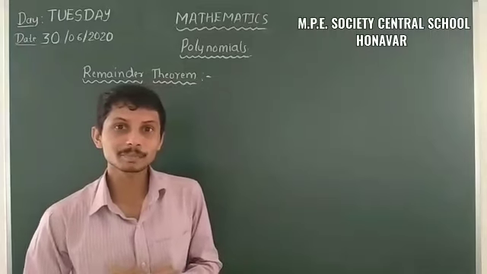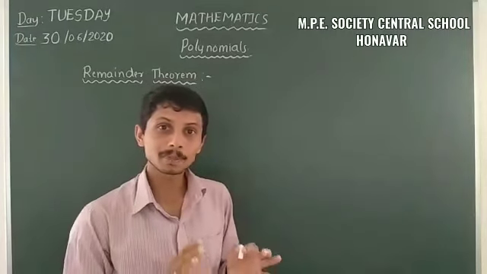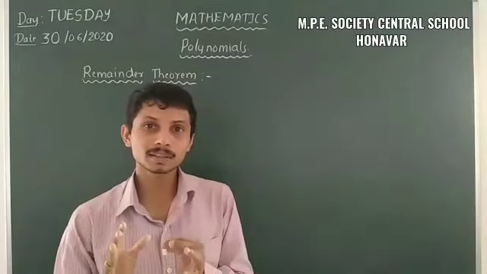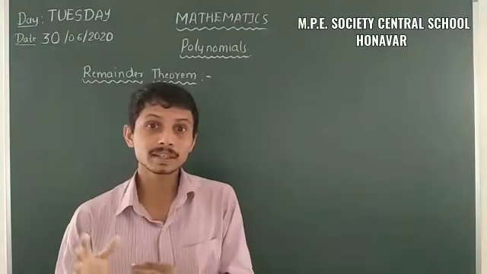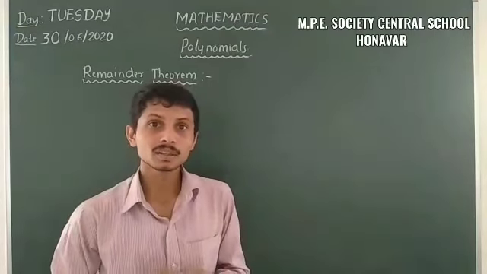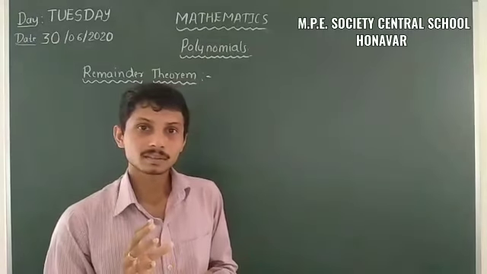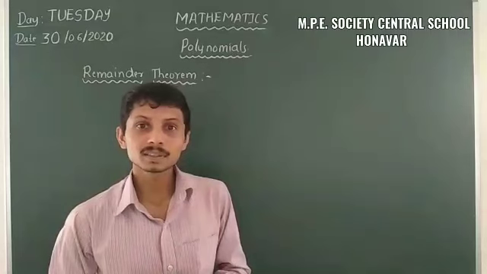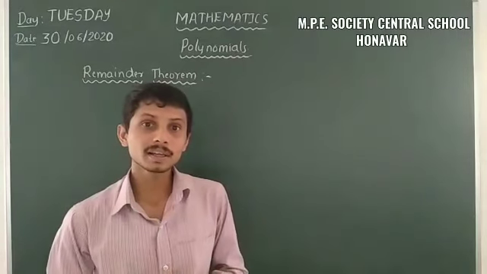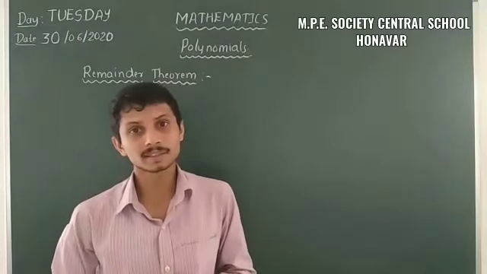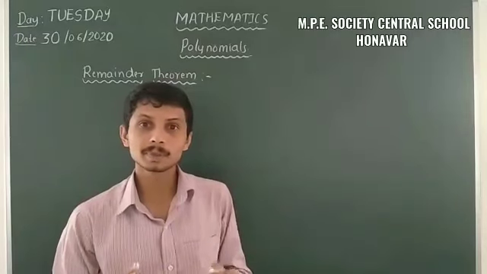The statement tells us: let p of x be a polynomial with degree greater than or equal to 1 and a is a real number. Let p of x be divided by the linear polynomial x minus a, then the remainder is p of a.